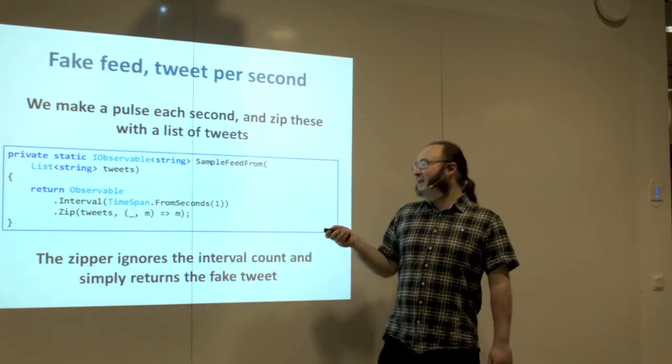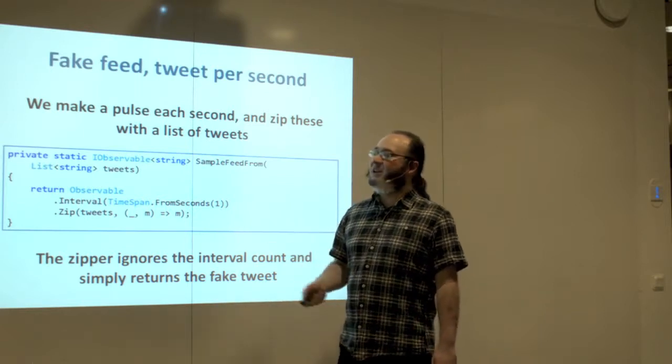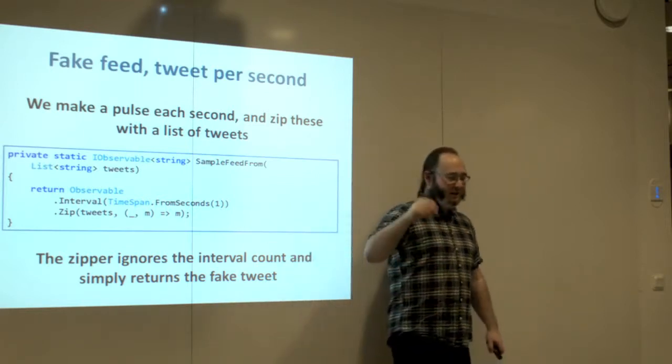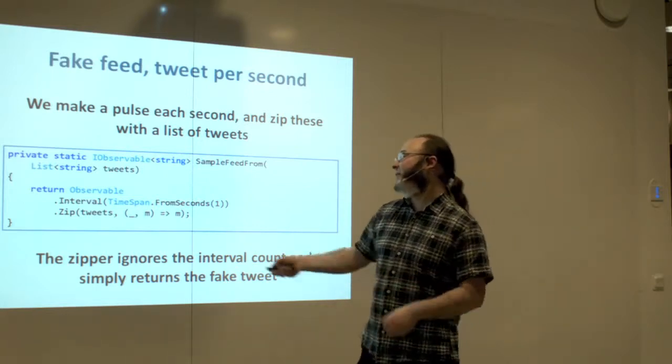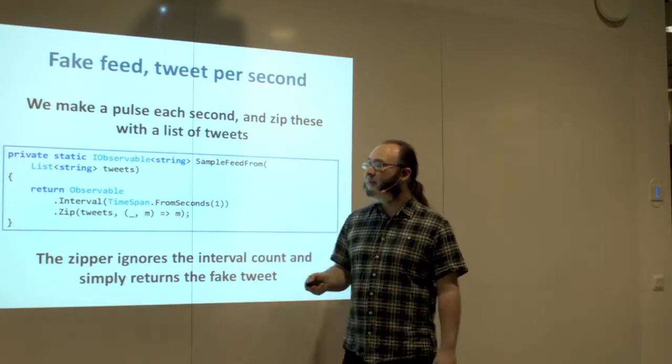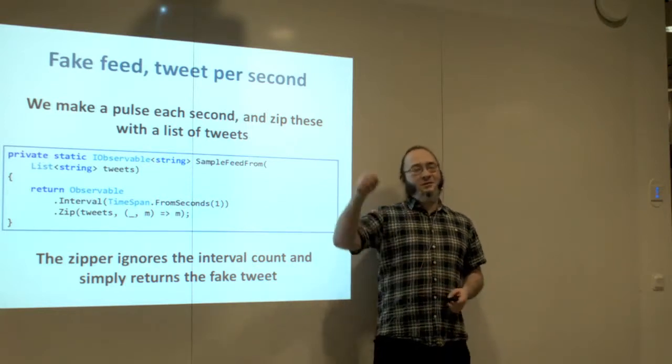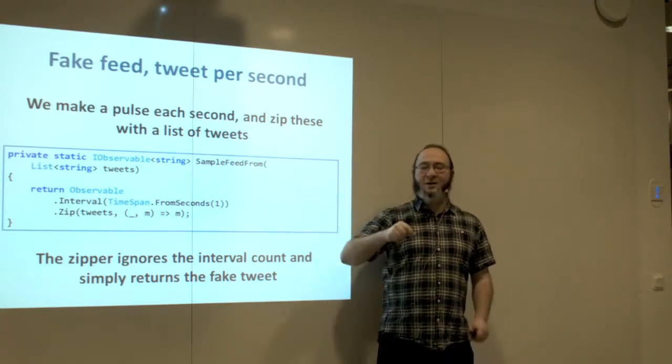What I'm doing here is taking this enumerable thing and zipping it with a pulse every second. Interval we already saw. That's something you can observe, and it notifies you every second.